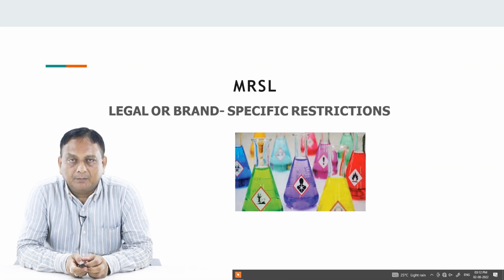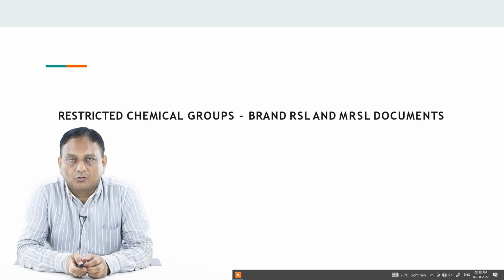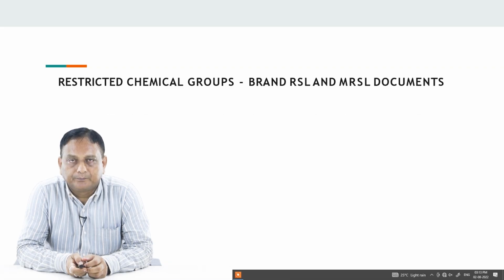Now, in an MRSL, we get a lot of restrictions. How do the restrictions come in MRSL? They can be legal restrictions or they can be imposed by the brand. So those specific restrictions are there when we try to implement the MRSL, because they are, after all, hazardous substances which are not to be used in the processes.